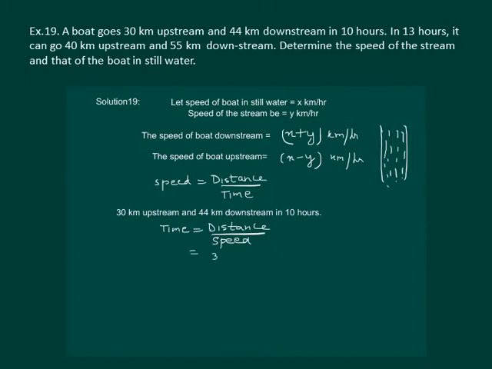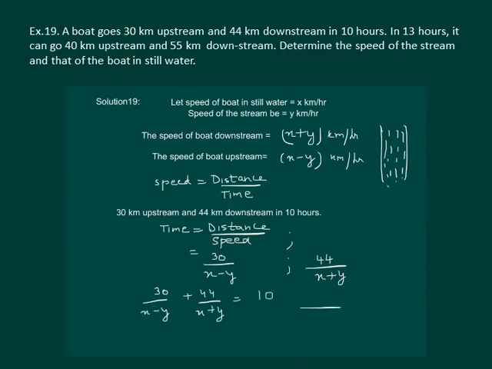Distance is 30 kilometers upstream, and when the boat goes upstream, its speed is x minus y, and from the second condition, distance is 44 kilometers downstream, so the speed is x plus y, and the total time covered, that is 30 by x minus y plus 44 by x plus y is equal to 10 hours.